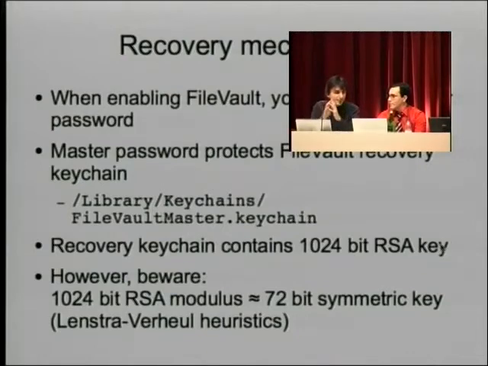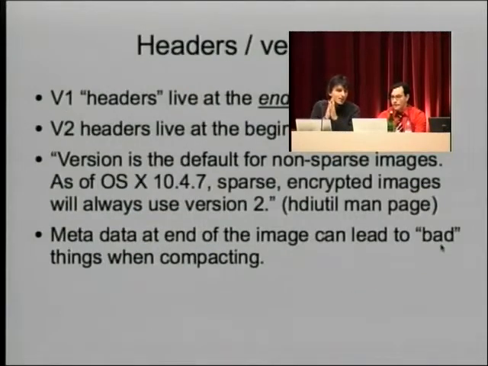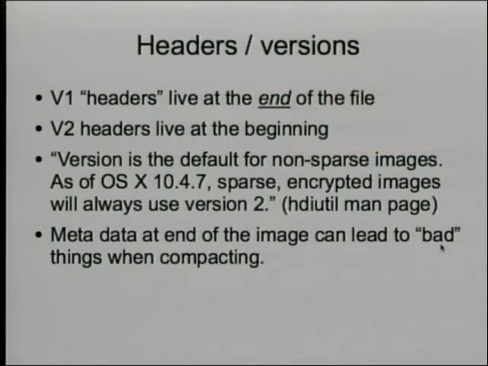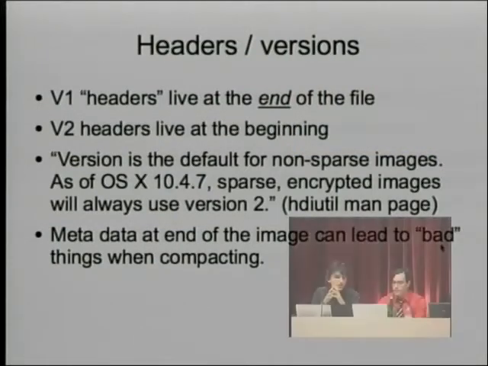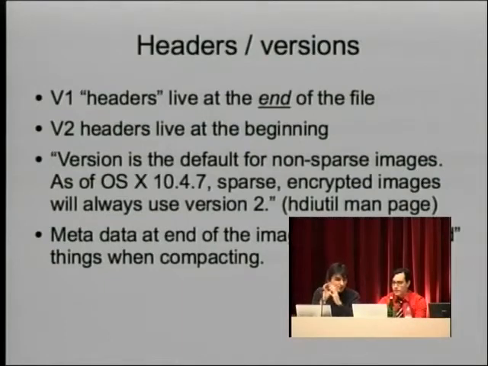Okay, so that we went into already. The headers of version 1 live at the beginning of the file, and the version 2 headers live at the end. And in 10.4.7, they actually made the version 2 headers mandatory for sparse encrypted disk images.